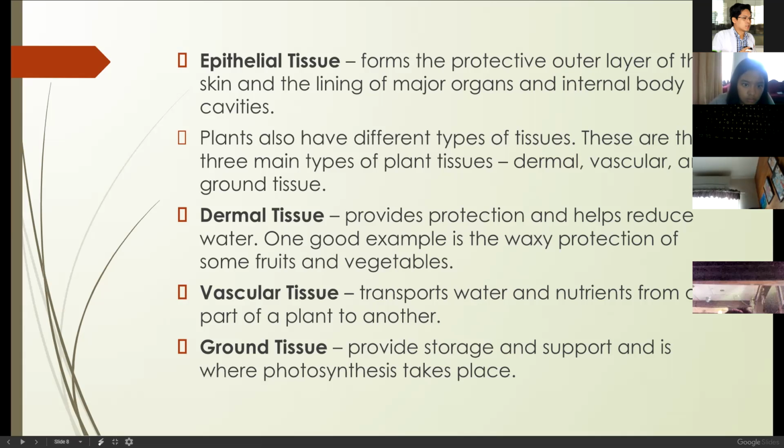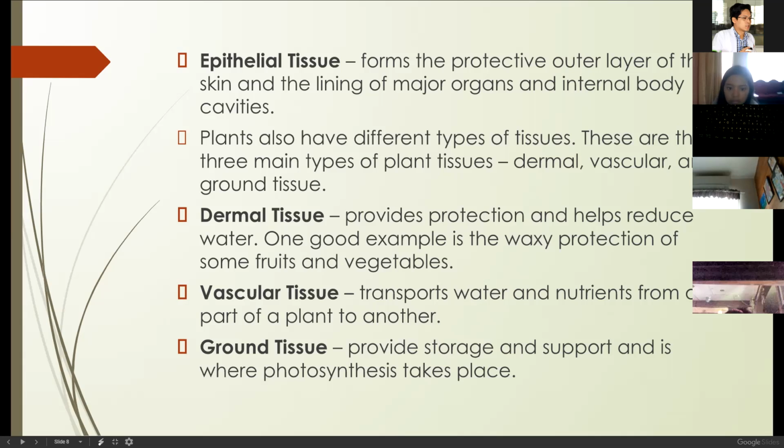Let's move now to plant tissues, because plants also have tissues, right? Plants have different types of tissues. These are the three main types of plant tissues: dermal, vascular, and ground tissue. Dermal, from the word dermal, means skin.